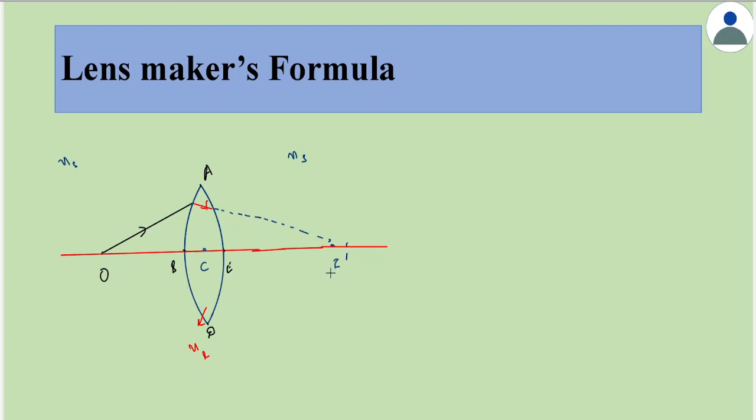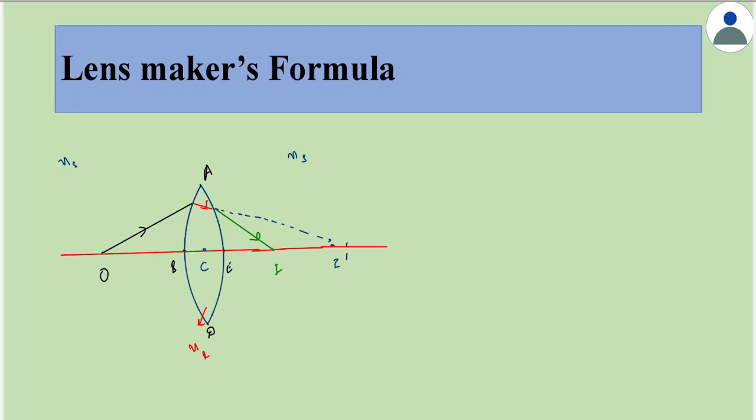But because of refraction, since light is moving from lens to surrounding medium, the light again further refracts at the surface AED, and because of which light ray would bend away from normal, and so somewhere here, at this point, you get the image I. Now for the entire lens, O is the object and I is the image point.